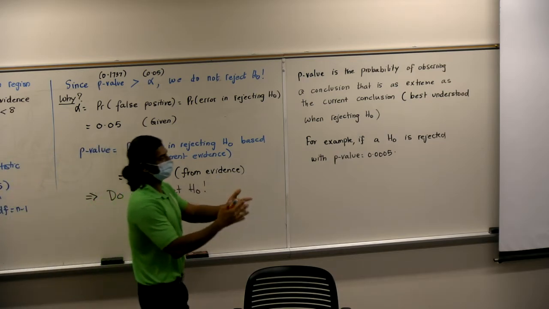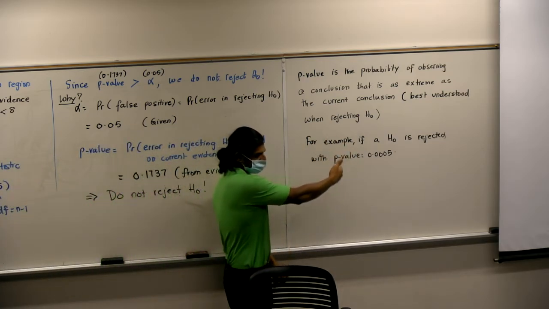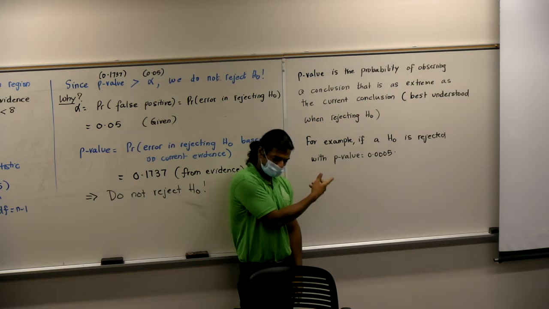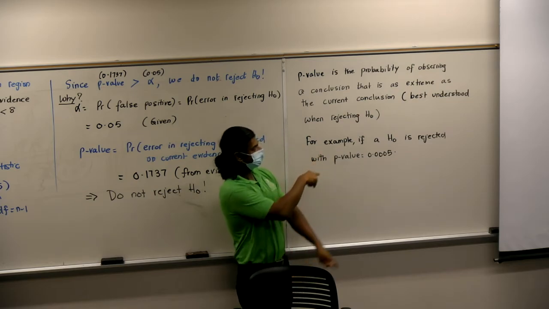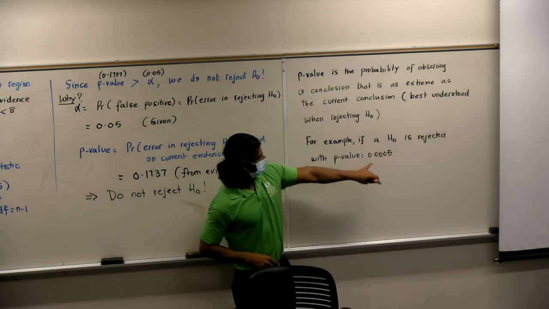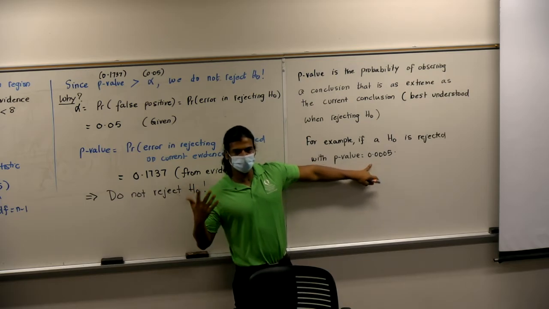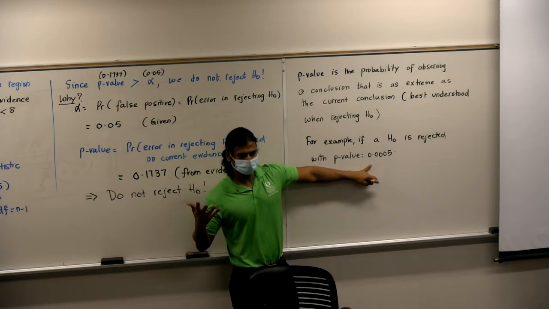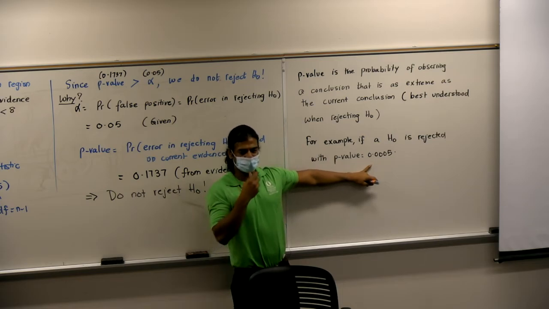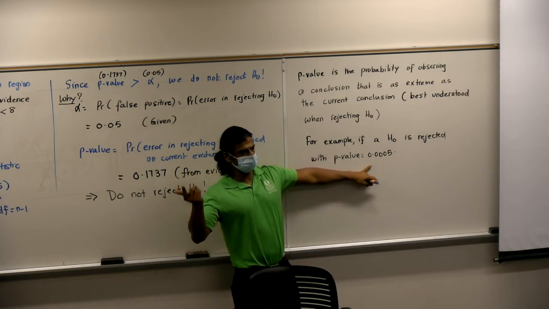So what are the chances that I would see such a conclusion that is as extreme as the conclusion of rejecting the null? It is only about 0.05%. Does that make sense? Would you consider this to be a rare occurrence, or did it happen by chance?